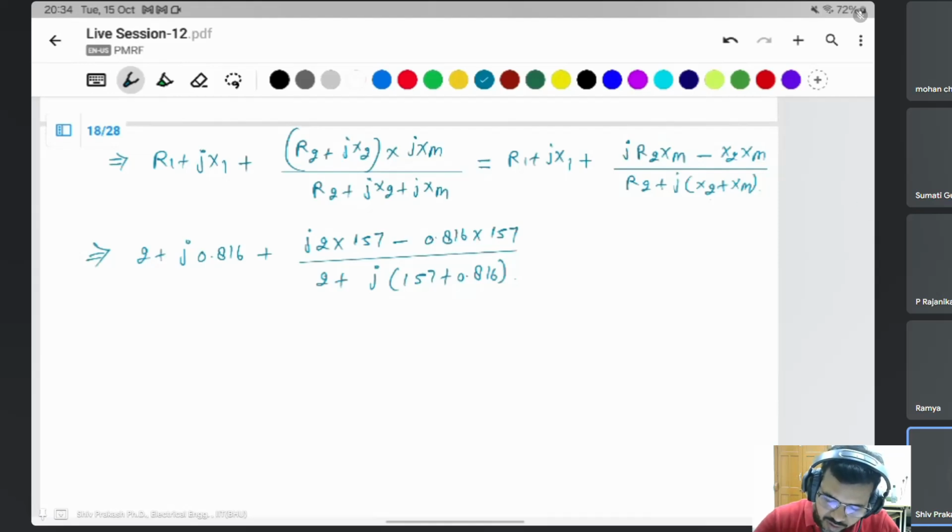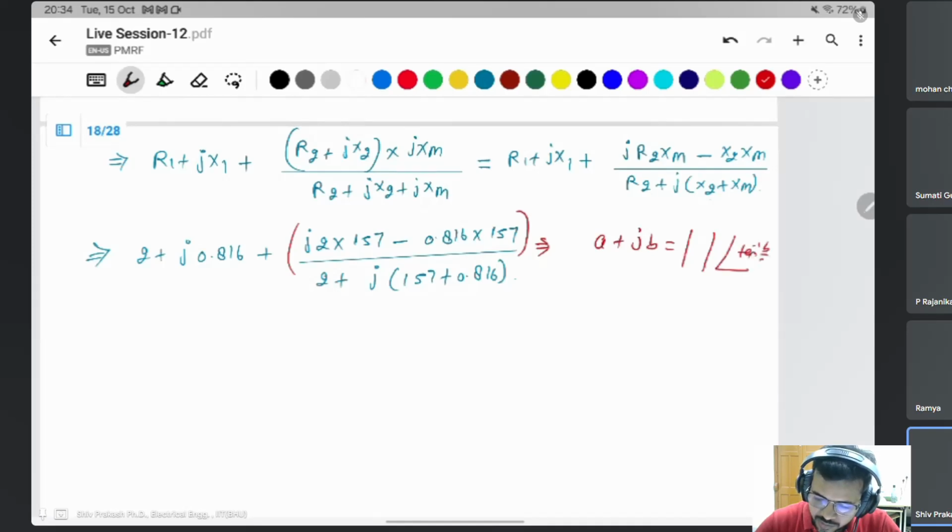From a calculator you can solve it easily. If you want to solve by hand, then you need to convert this a plus jb to the form mod of this one at angle of something, where mod is root of a square plus b square. The same thing applies here also. Then you directly divide magnitude by magnitude, and at the angle place you can subtract.